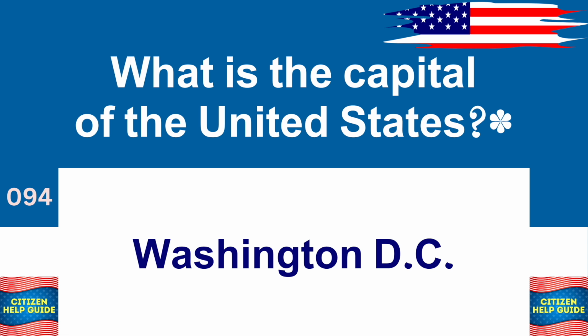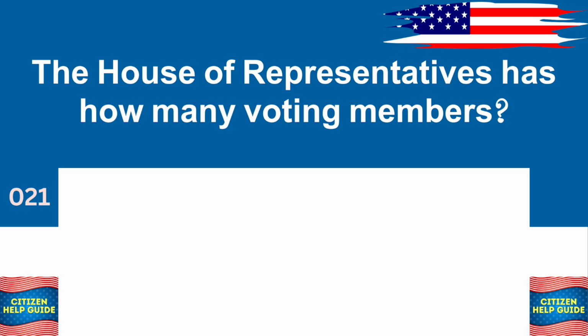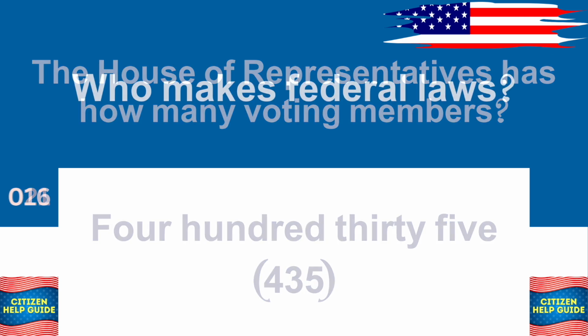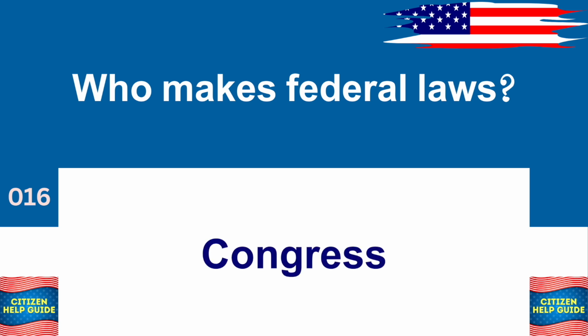Washington, D.C. The House of Representatives has how many voting members? 435. Who makes federal laws? Congress.